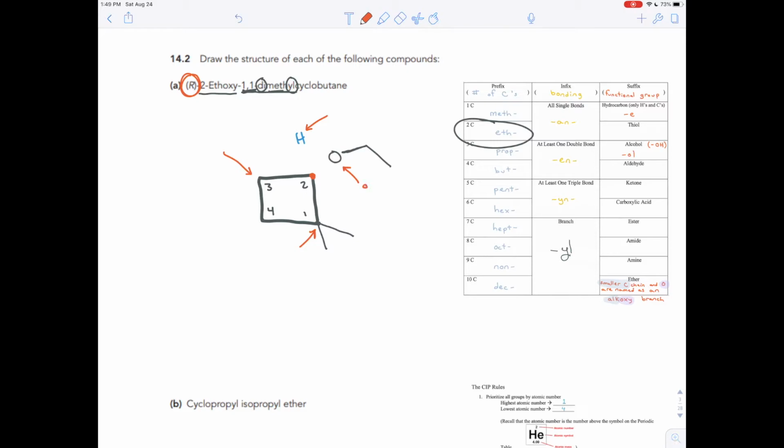So the atomic number here is 8, this is carbon, so the atomic number is 6, and for hydrogen the atomic number is 1. You can see that the atomic number for oxygen is the biggest, so it's going to have the highest priority. That's going to get number 1. Hydrogen has an atomic number of 1, so it's the lowest, and that's going to get a priority of 4.